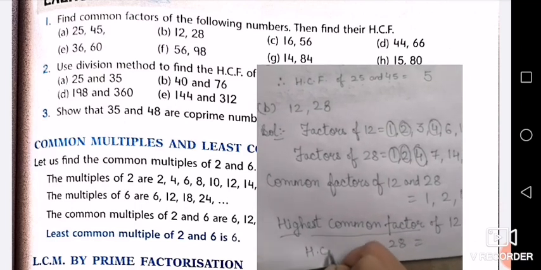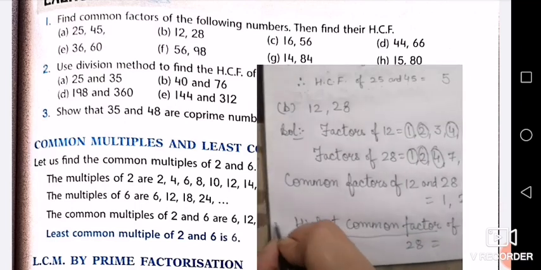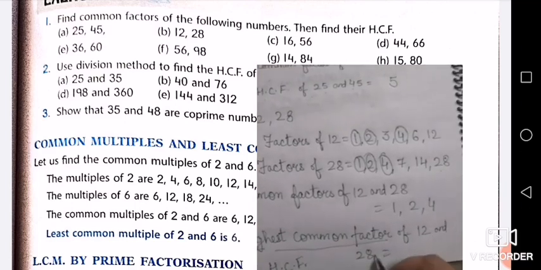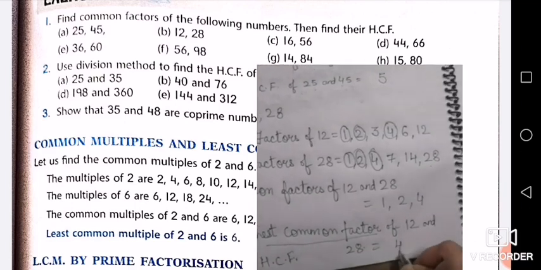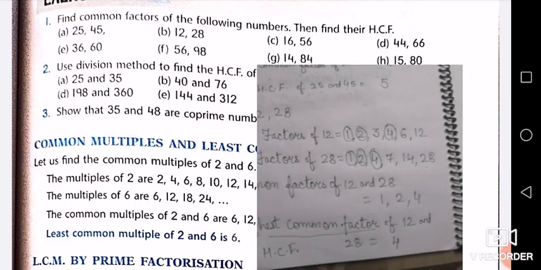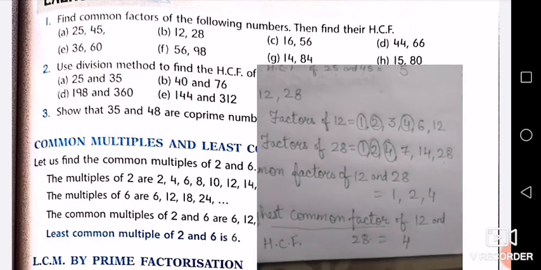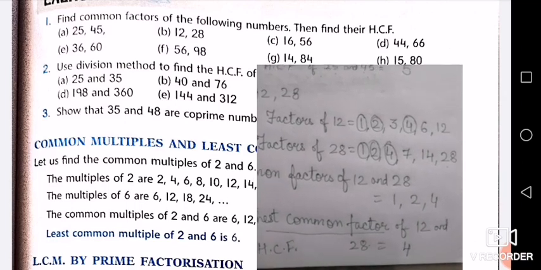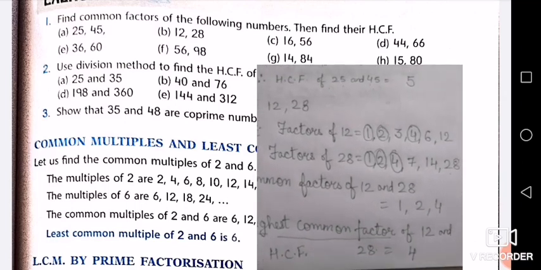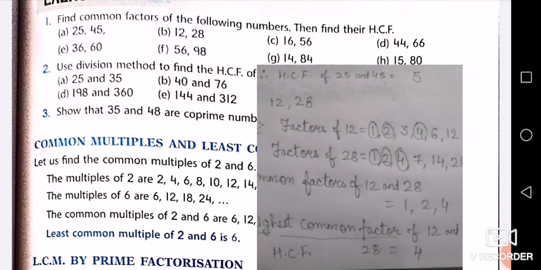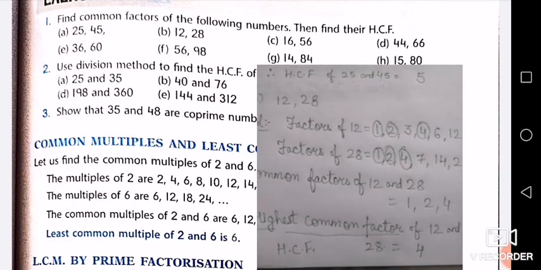Yes, HCF, which you are supposed to find out. Therefore, HCF of 12 and 28 is equal to 4. Highest means among these common factors, which number is highest? Among 1, 2 and 4, which number is highest? 4 is highest. So 4 will become the highest common factor of 12 and 28.